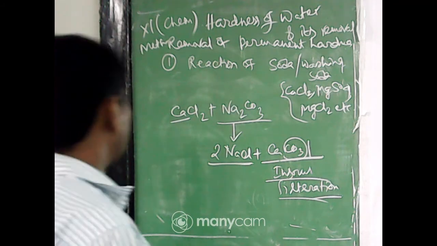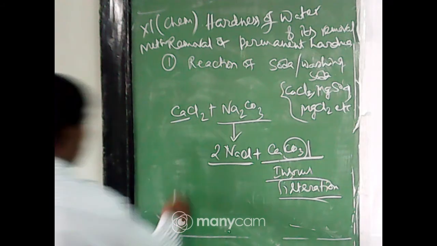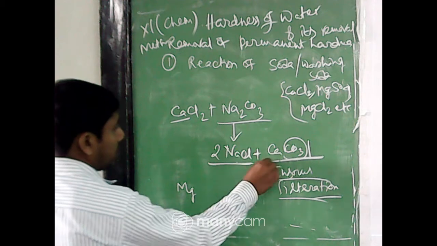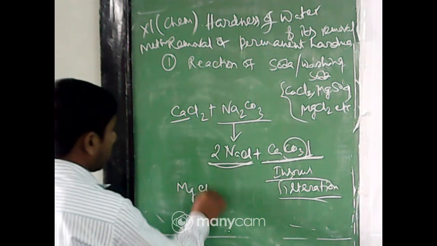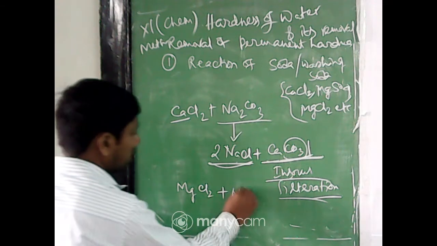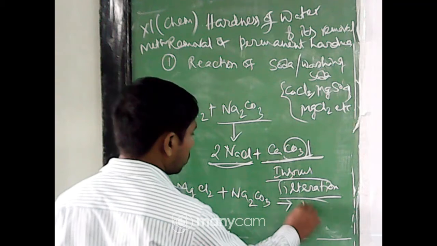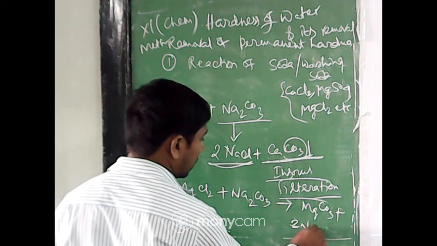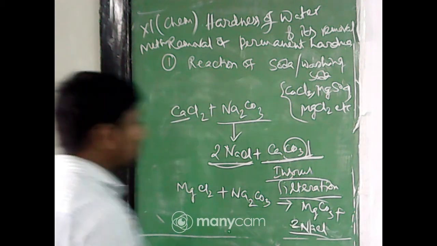Clear? If any other salt, suppose magnesium chloride is present, then with Na2CO3 it will produce magnesium carbonate plus 2NaCl. Again the same type of reaction.